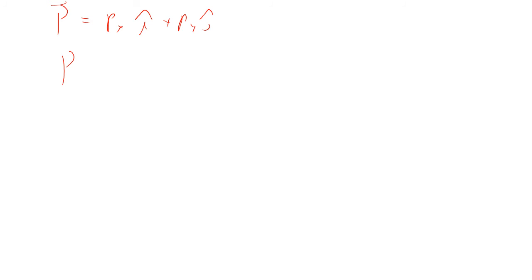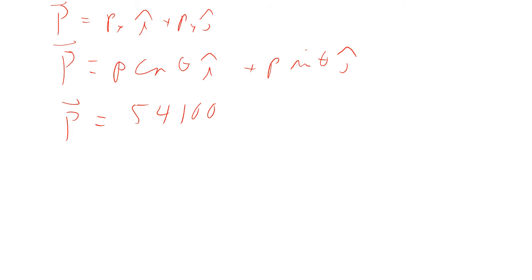So that means that this is going to be P cosine theta i plus P sine theta j. And so that means that this is going to be 54,100 kilogram meter per second i plus 56,200 kilogram meter per second j.